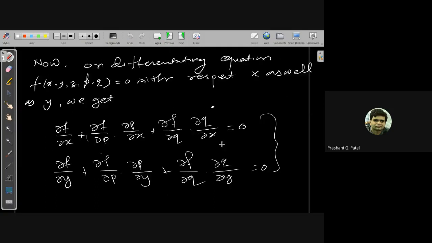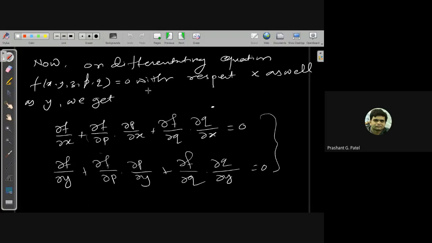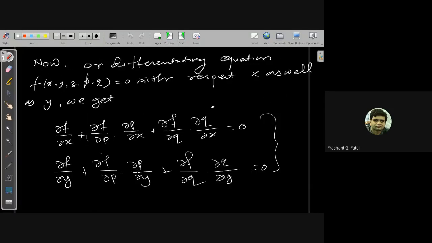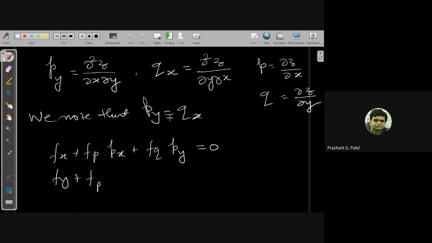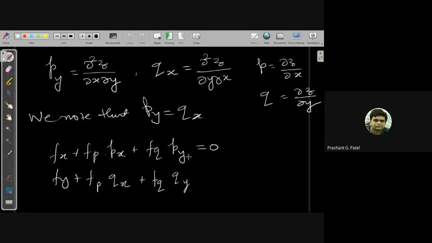The second equation is fy plus fp into py, but py is qx, so I write qx here, plus fq into qy, equal to 0.